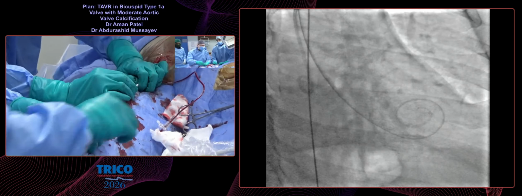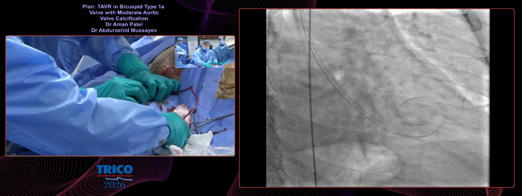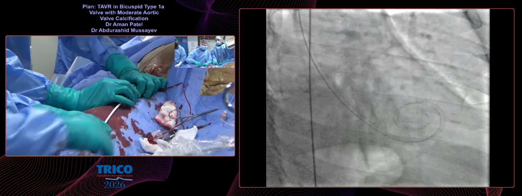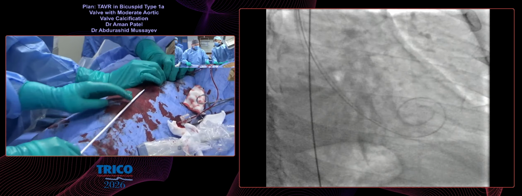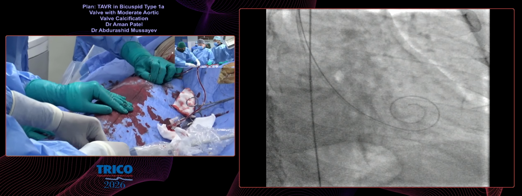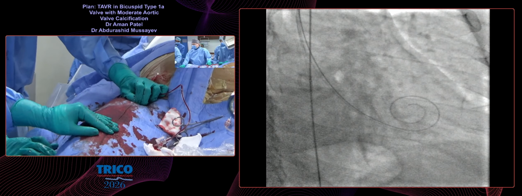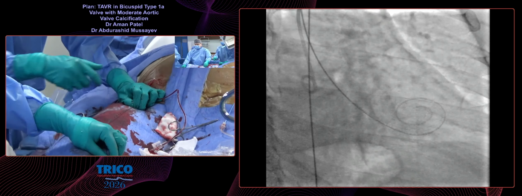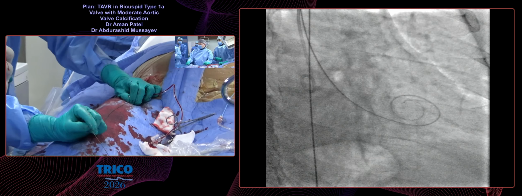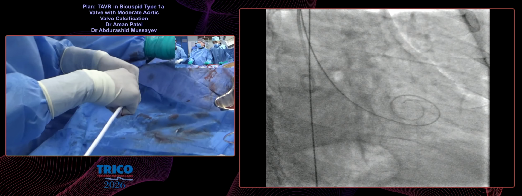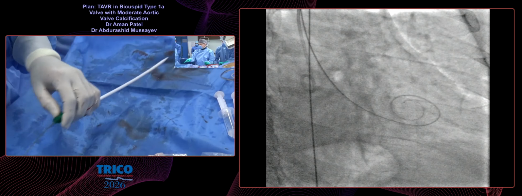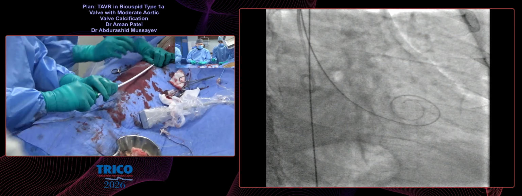Yes, this is basically a 14 French sheath, and it's named Python because it can expand up to 21 French and accommodate valves up to 29 millimeter size. When the valve comes out, it collapses back to 14 French. One Python sheath size is used for all valve sizes.